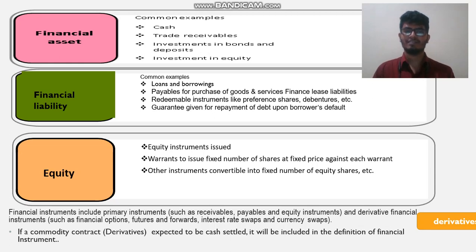Debentures, etc. Guarantee given for the payment of the debt upon the borrower's default. This is the guarantee given by the company for some other person, so this is also a liability. And equity: equity instruments such as warrants to issue a fixed number of shares at a fixed price. So warrants are also treated as equity instruments.